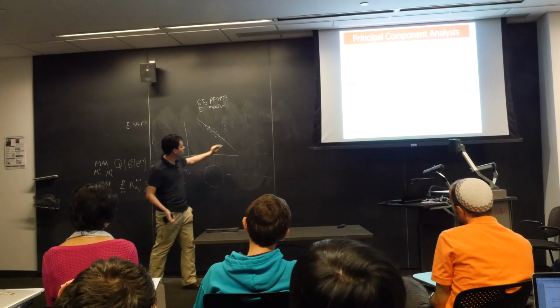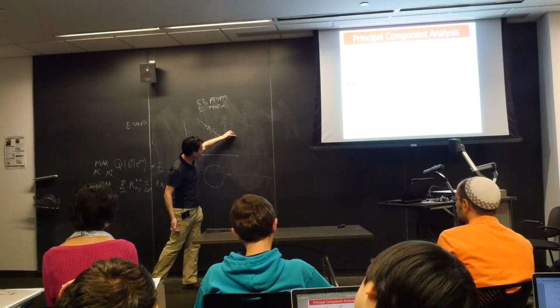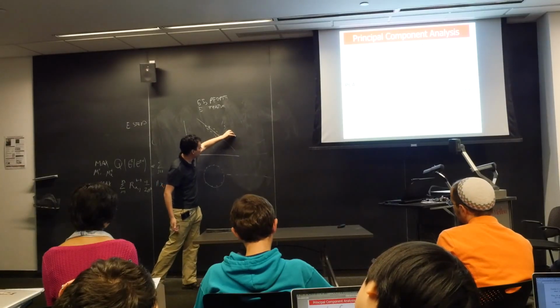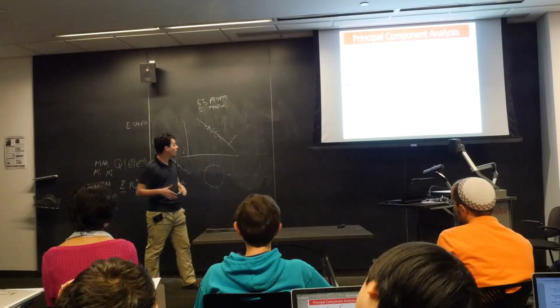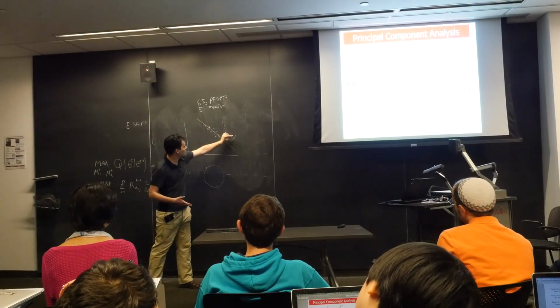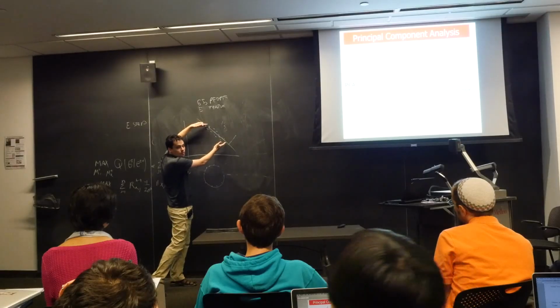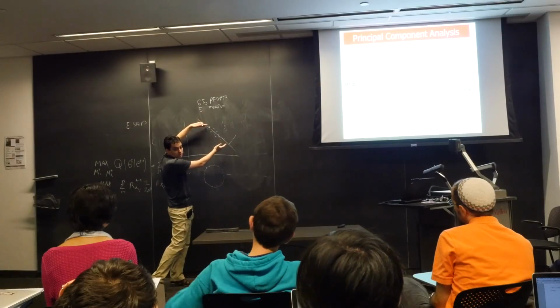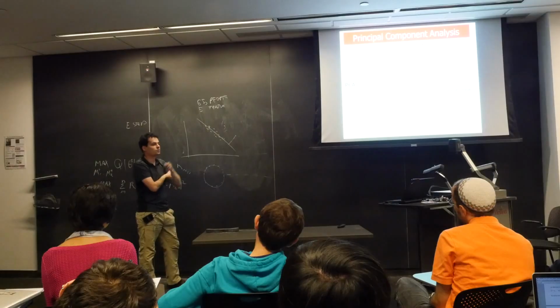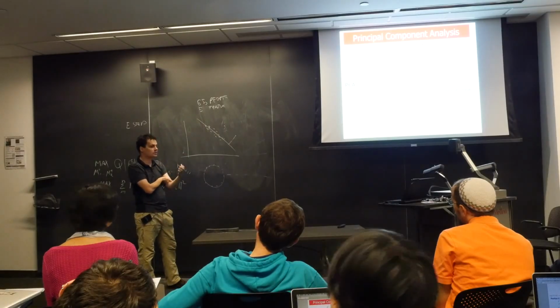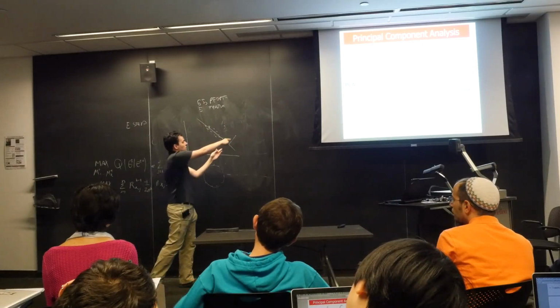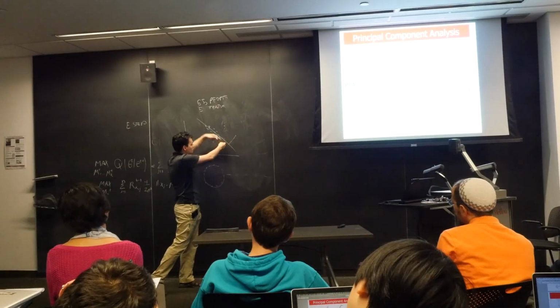And by most information, what I mean is that if I project a point to this subspace, then I minimize this loss. Or equivalently, I can say that if I project the points to this subspace, then in this subspace the variance of the points is maximized. So to answer your question, keeping the most information means either minimizing this loss or maximizing the variance.